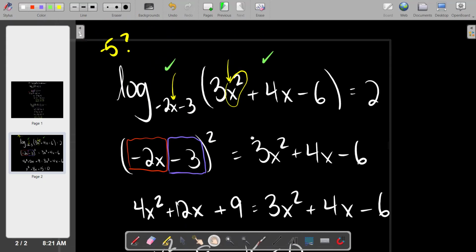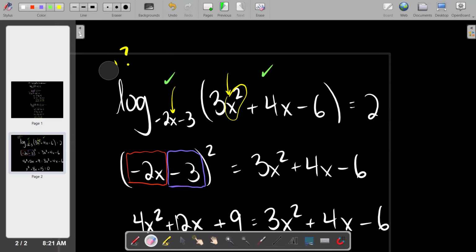Same thing. Back up here, we're testing -3 now with a question mark. If you put -3 in the first one, what's -2 times -3? 6 minus 3. He passes.